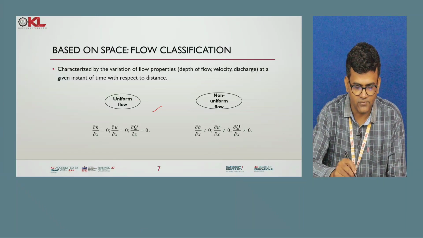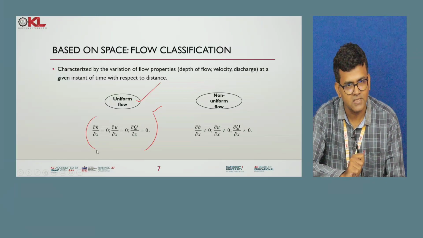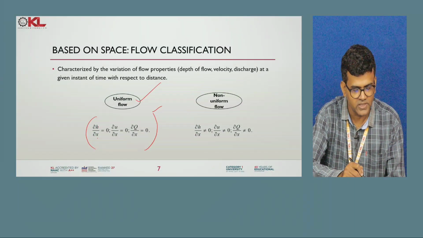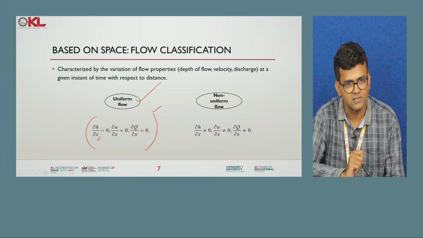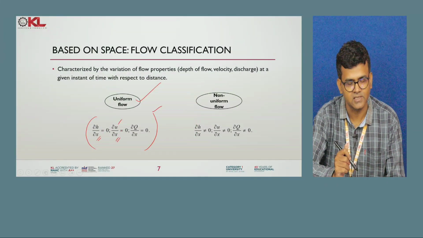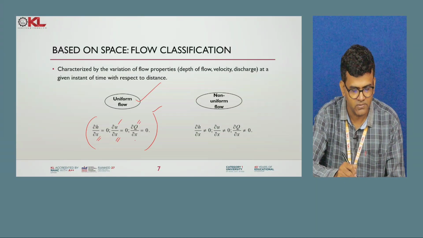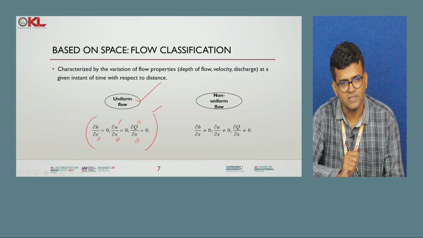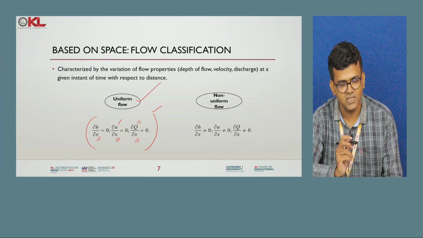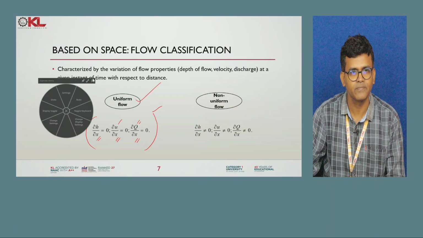That means for uniform flow, ∂h/∂x, the derivative of depth of flow with respect to distance x, the derivative of velocity with respect to distance x, and the derivative of q, discharge, with respect to x, space, are 0.